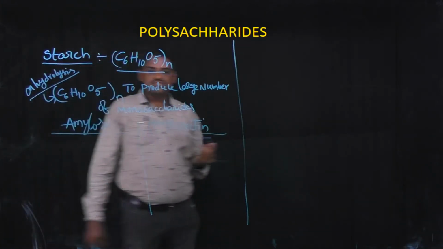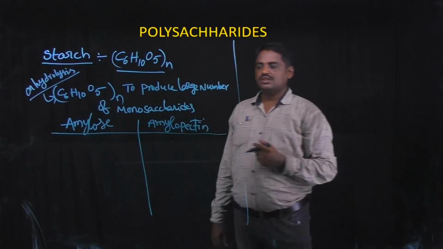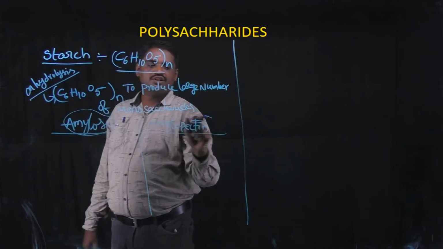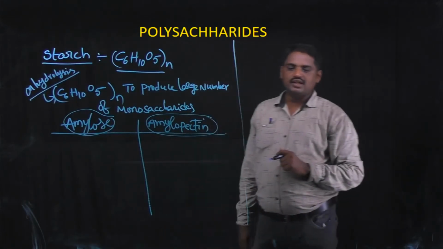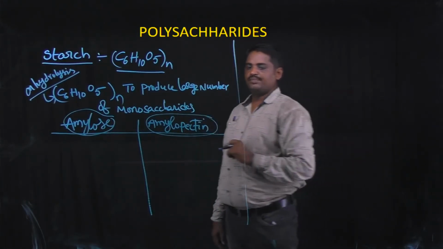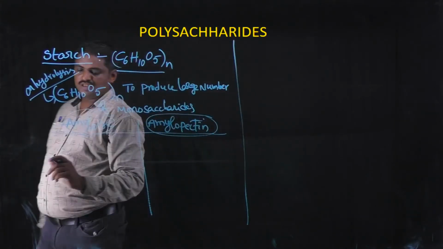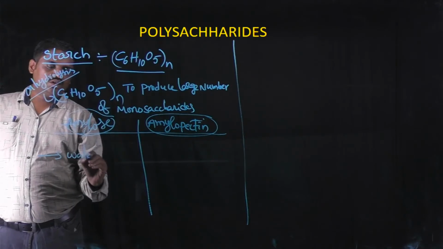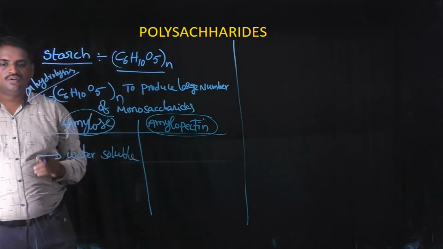On hydrolysis of starch, majorly two units are produced. So the amylose is water soluble.